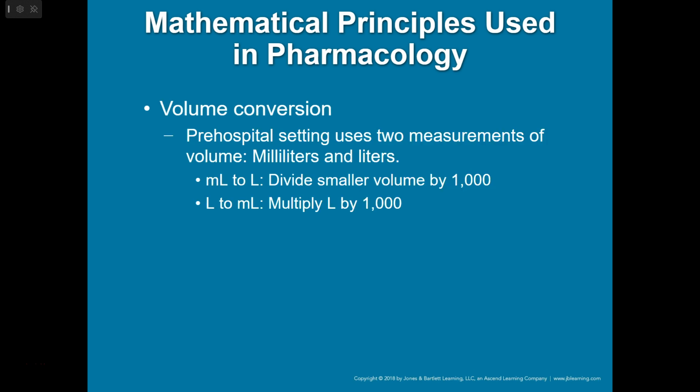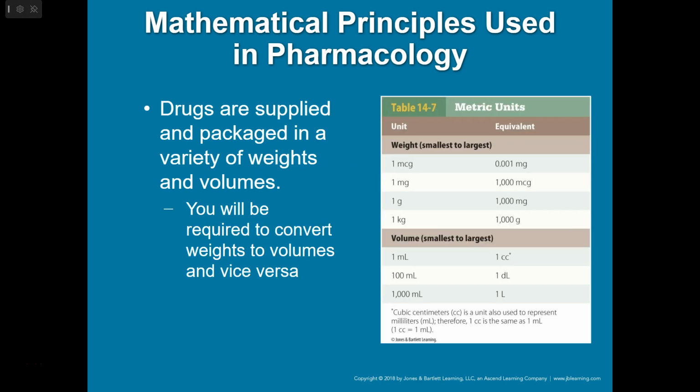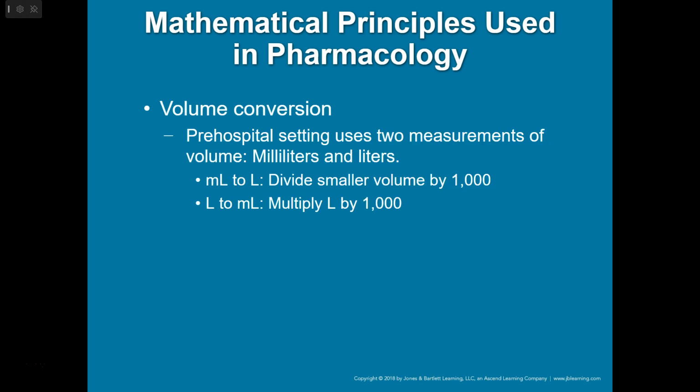Volume conversion. The pre-hospital setting uses two measurements of volume, milliliters and liters. Remember, 1,000 milliliters equals a liter. So if you're converting from a milliliter to a liter, divide the smaller volume by 1,000.